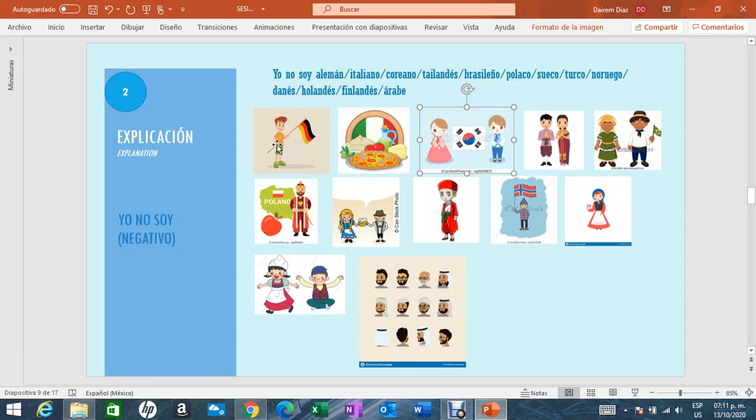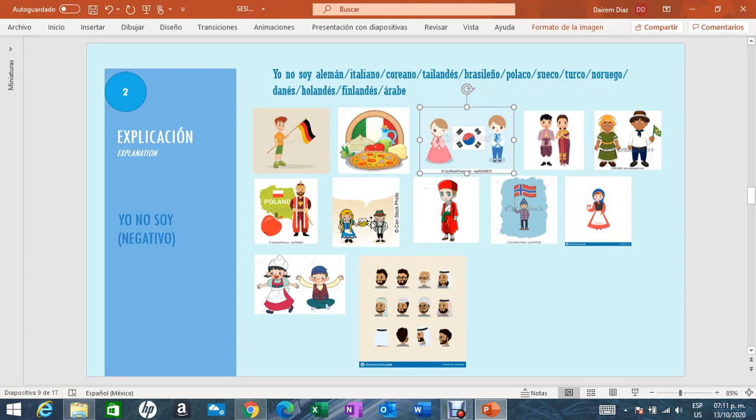So, yo no soy alemán, from Germany. Yo no soy italiano, from Italy. Yo no soy coreano, from Korea. Yo no soy tailandés, from Thailand. Yo no soy brasileño, from Brazil. Yo no soy polaco, from Poland.